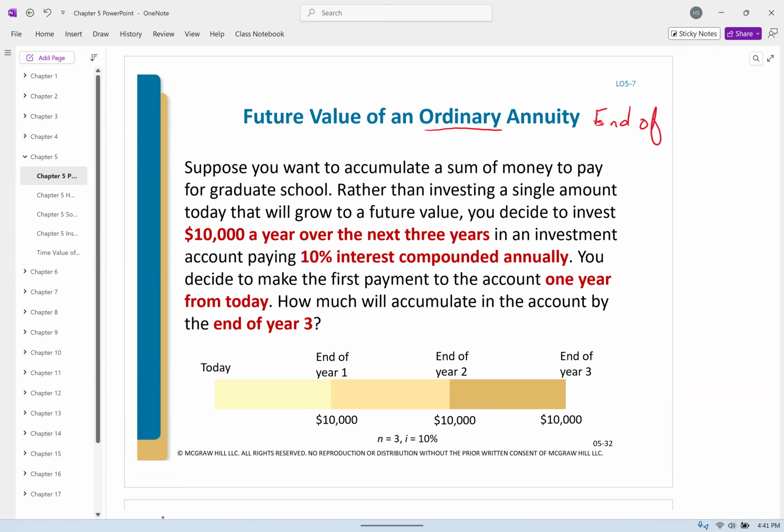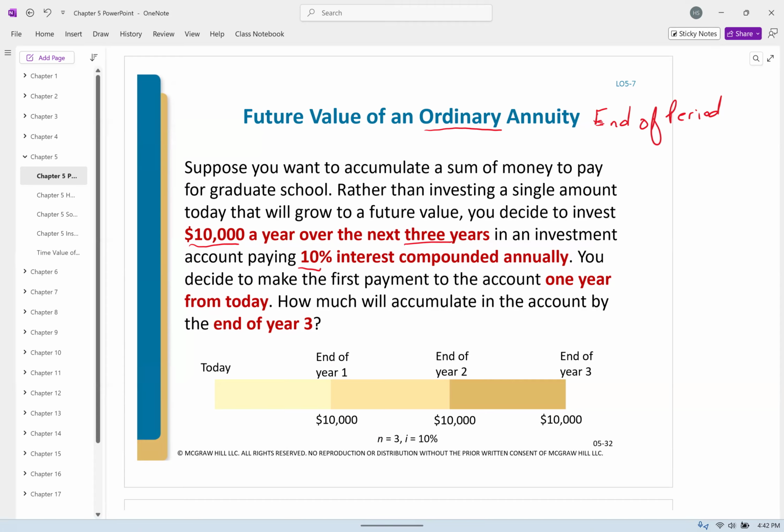Suppose you want to accumulate a sum of money to pay for graduate school. Rather than investing a single amount today that will grow to a future value, you decide to invest $10,000 a year over the next 3 years in an investment paying you 10% interest compounded annually.